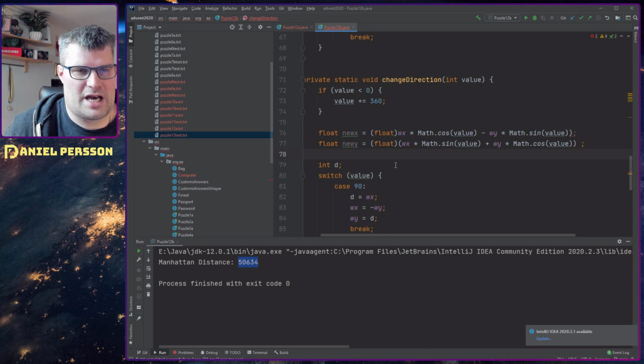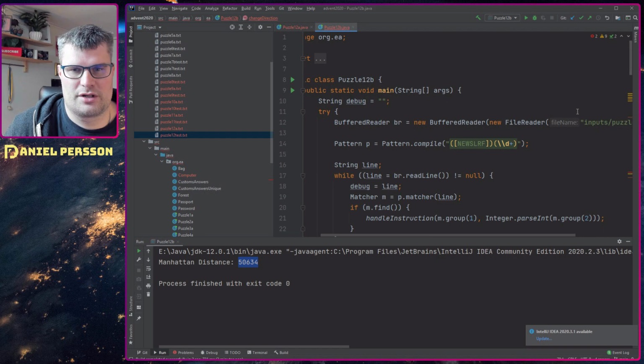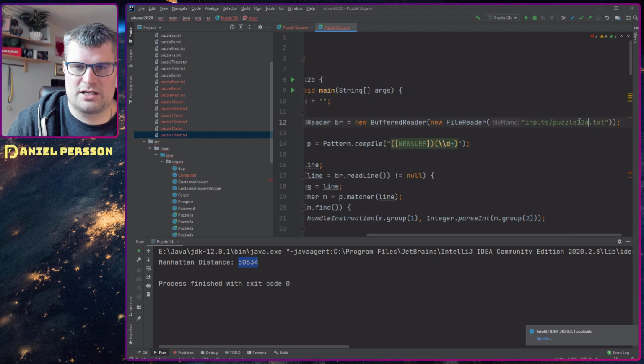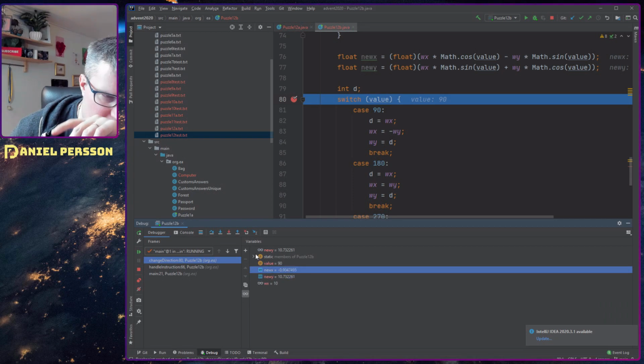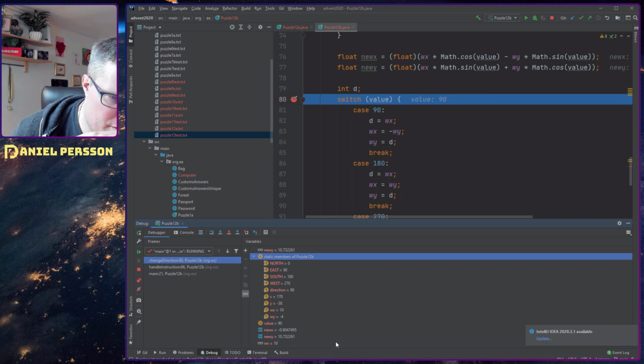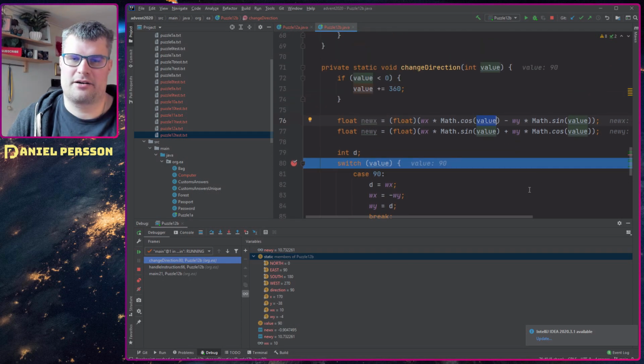See if that is the correct values after one rotate here. See if that works. Now we have values. The old ones were -4 and 10. Not really the correct thing here.